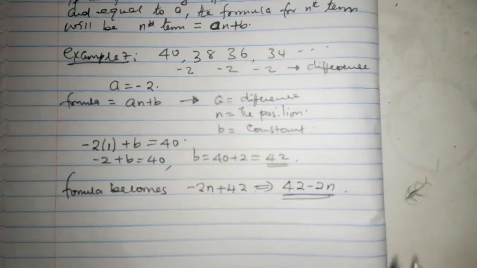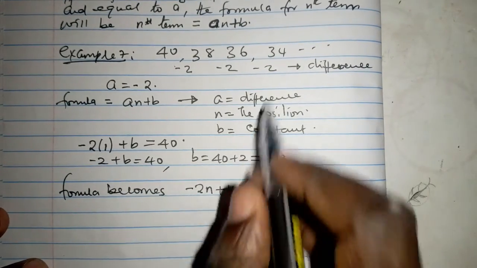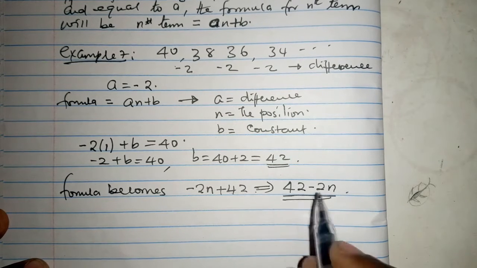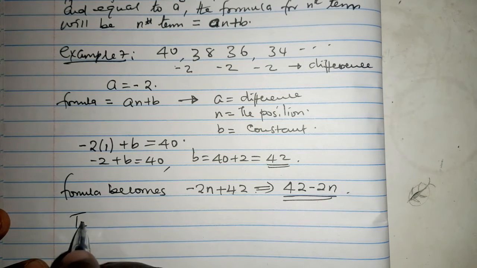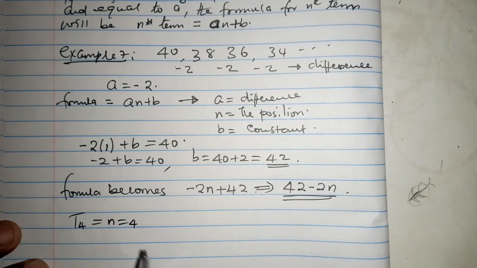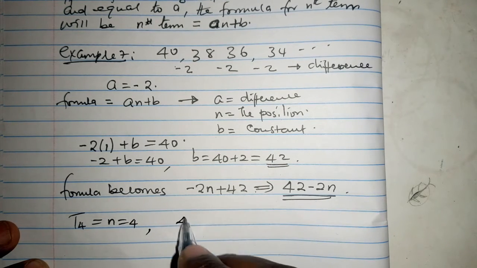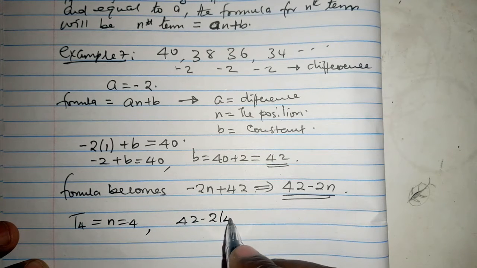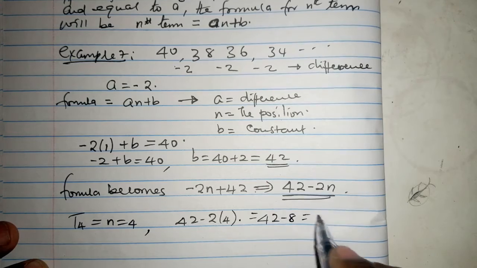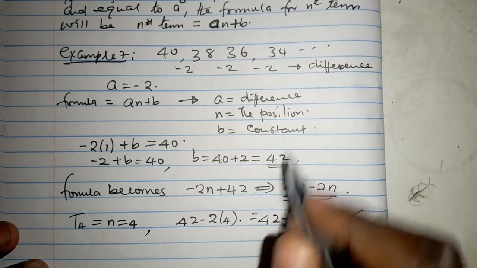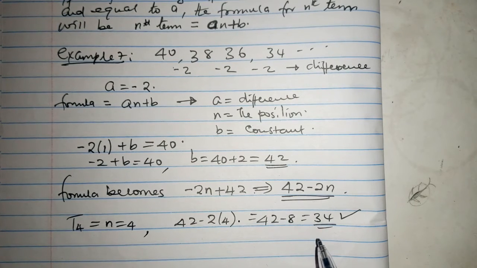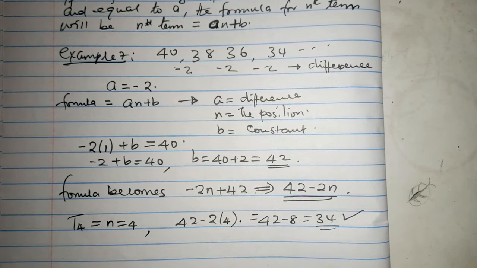We can even verify using this formula. For term 4, which is 34, n equals 4: 42 - 2 times 4 is 42 - 8, which is 34. Therefore, term 4 is 34, and using the formula, we have verified that.